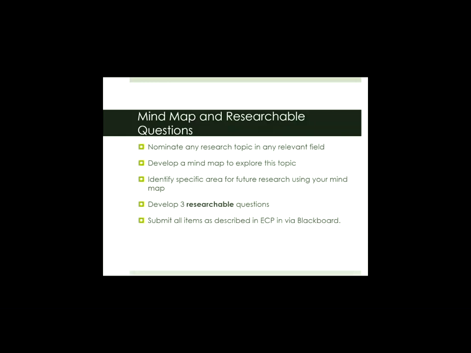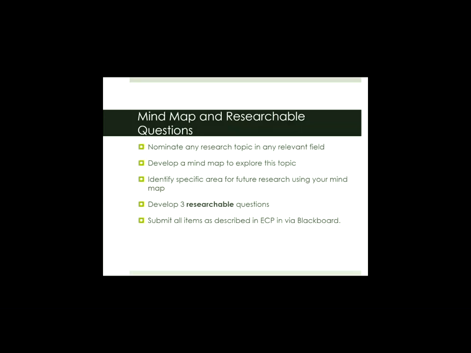So for the first assignment, on the mind map and researchable questions, this is an individual assignment, so you can nominate any research topic that's relevant to agriculture, food sciences, animal sciences, agribusiness, those general areas that you're interested in.